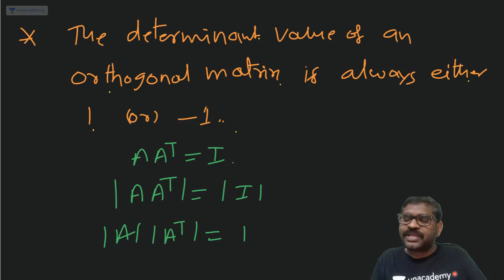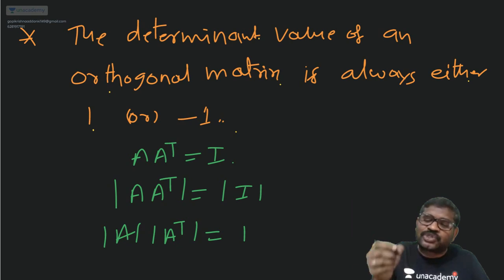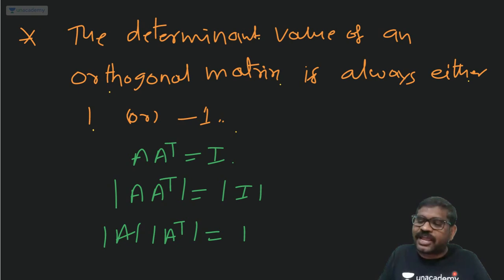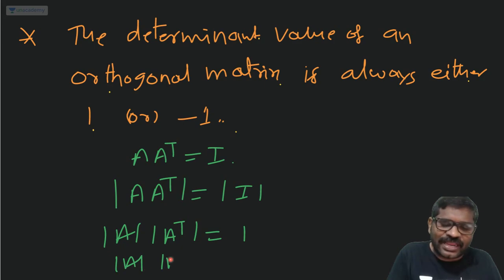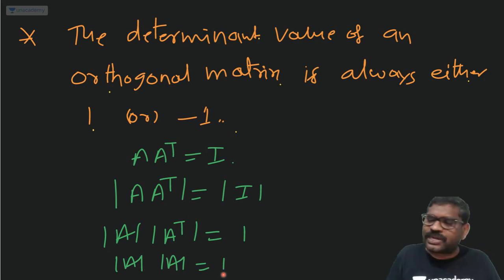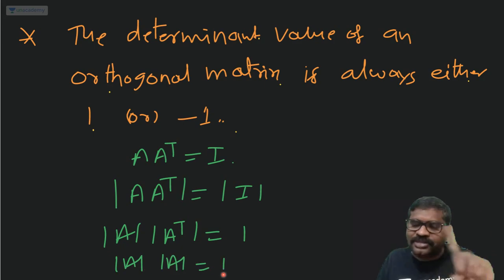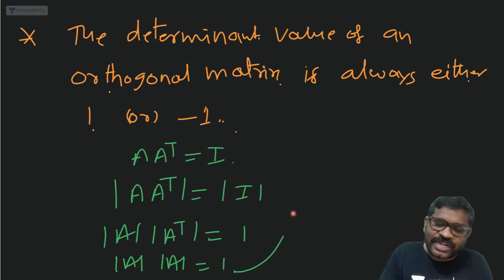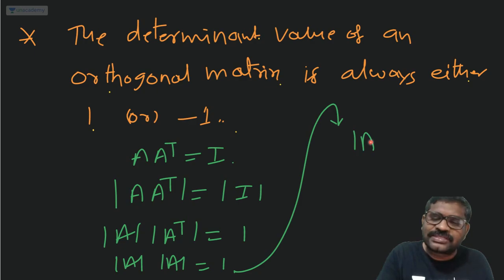Now, please observe. The determinant value of A transpose and the determinant value of A are always the same. That's why det A into det A equal to 1. A and A transpose are not the same, but the determinant value of A and of A transpose are the same. Now det A into det A is det A whole square equal to 1.